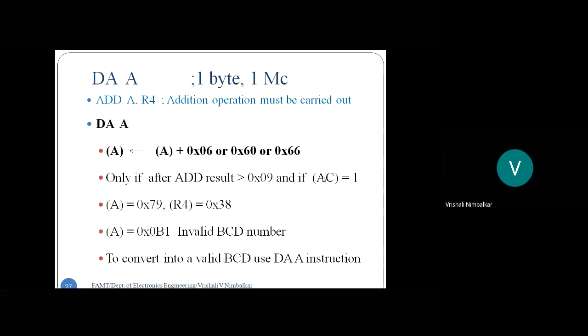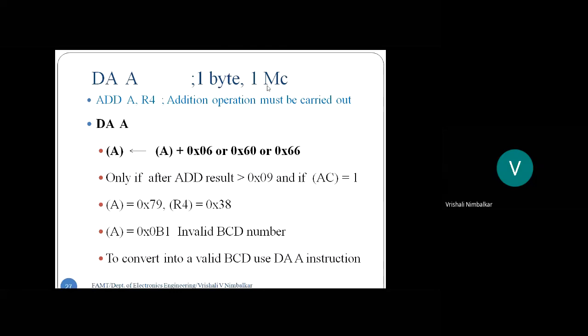Correct? Why 6? Because after 9, I should see the answer as 10. Then how will I get 10 from the microcontroller? The microcontroller has to skip A, B, C, D, E, F. A to F are 6 digits. And after F, I am going to get 10. So after 9, I should skip these 6 digits to get 10.